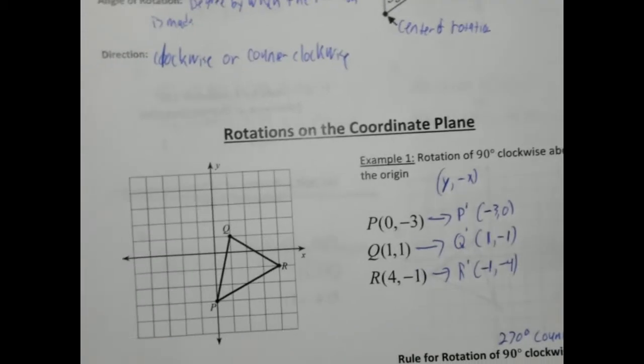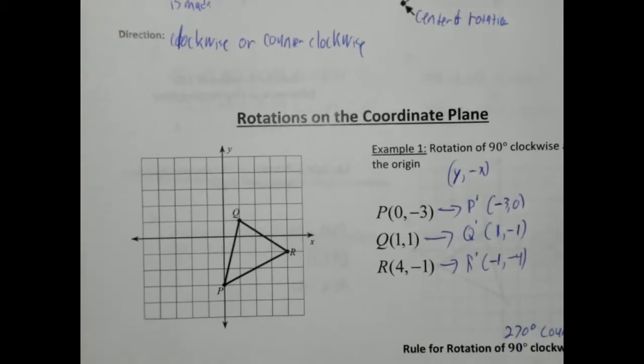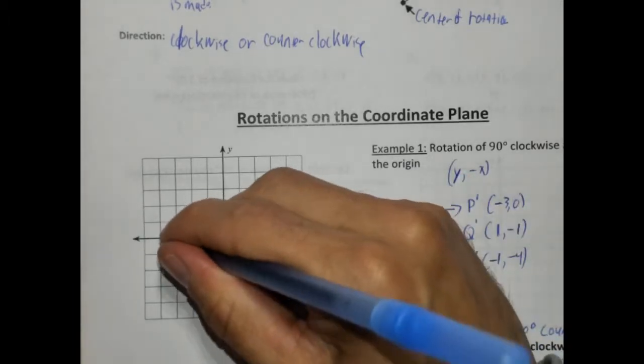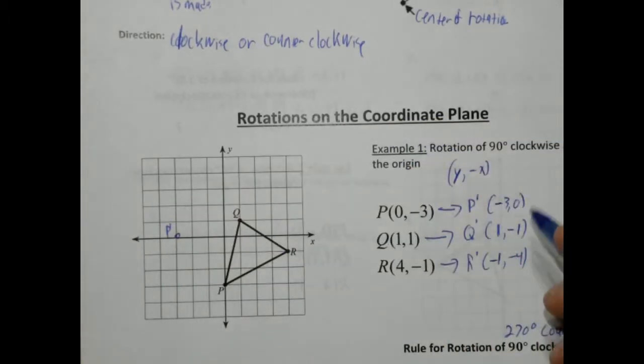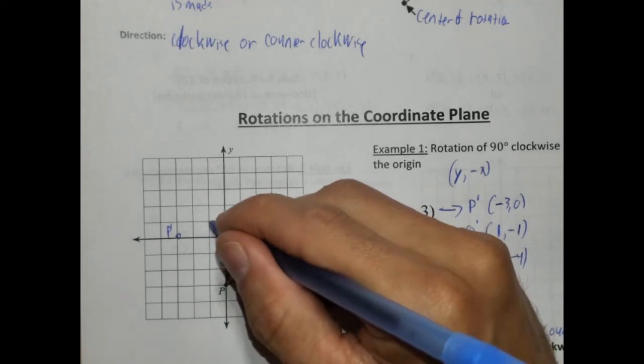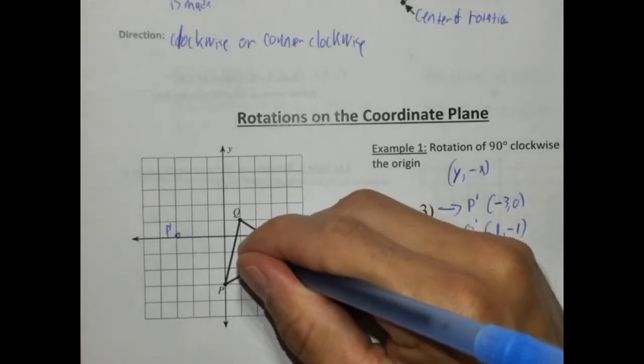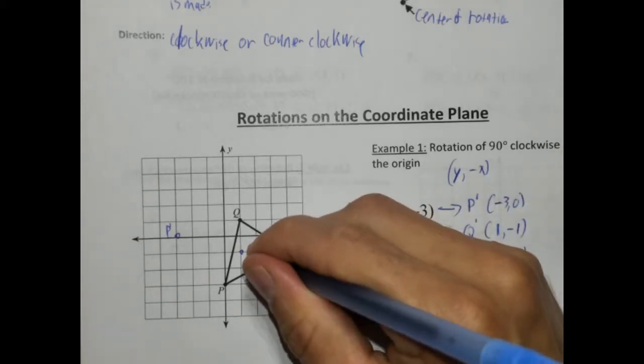Now let's go ahead and graph that. And again, you want to use a pencil for these. I'm just using a pen so you can see it a little better. So (-3, 0) would be 1, 2, 3 right here. And that's P prime. (1, -1) would be, right? Sorry, almost did that wrong. (1, -1)'s down there. There we go. That's Q prime.